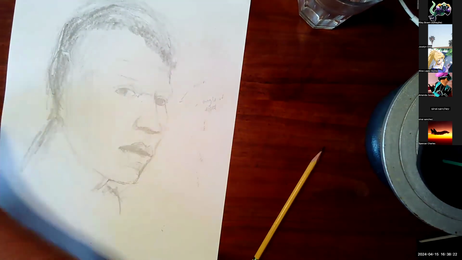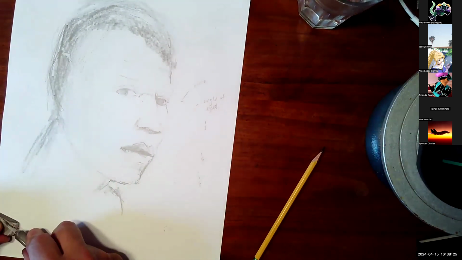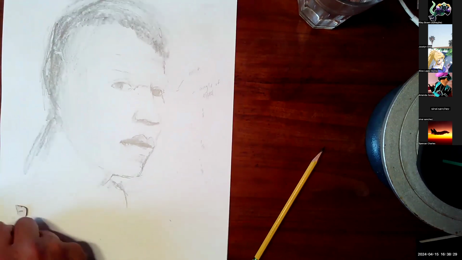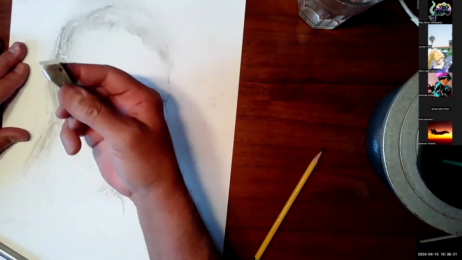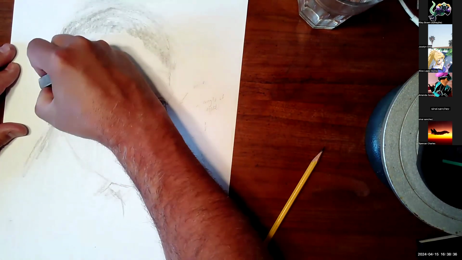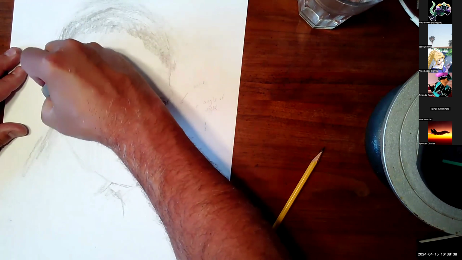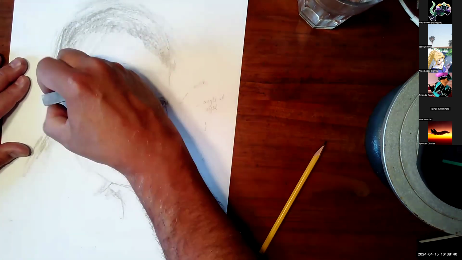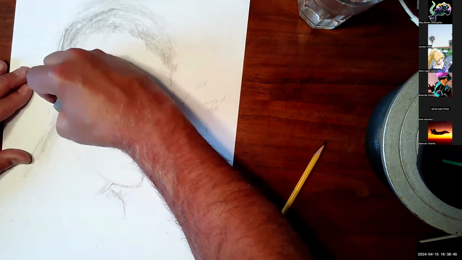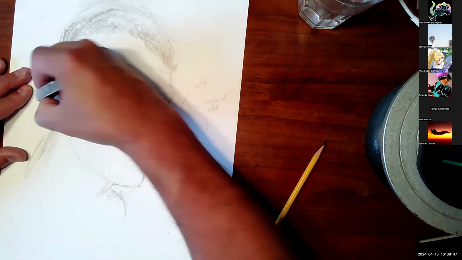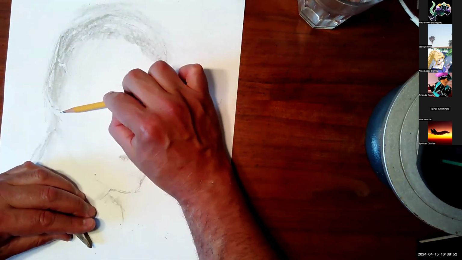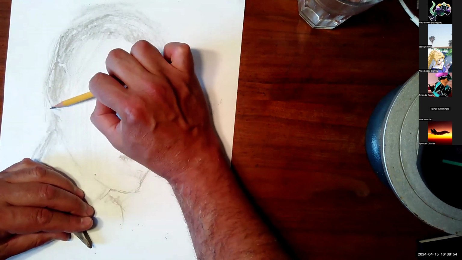What I can do with my eraser on the fly, if you guys want, is cut your eraser to give yourself a sharper edge like this, see? Now I have a sharp edge on my eraser, and I can come in here. So what I'm doing here is paying attention to the shapes of the highlights and the shadows.